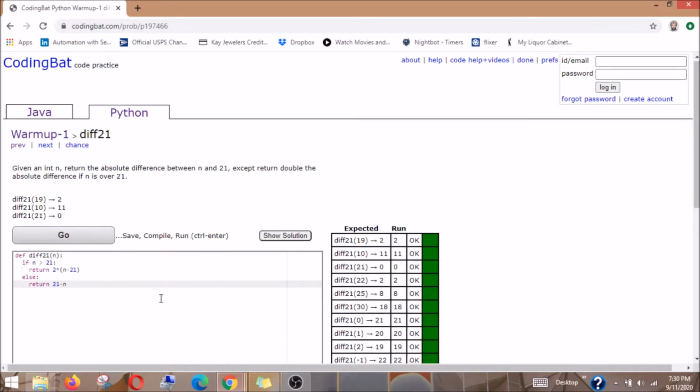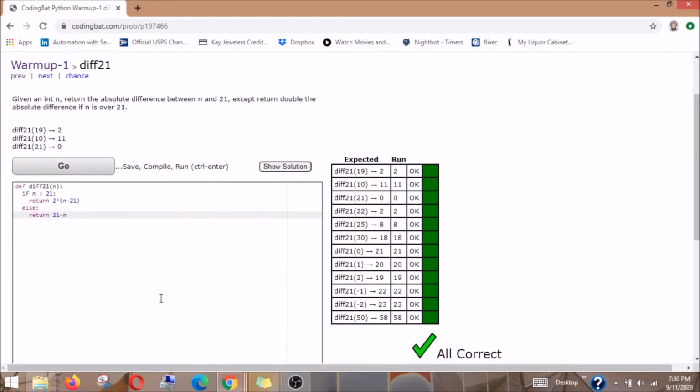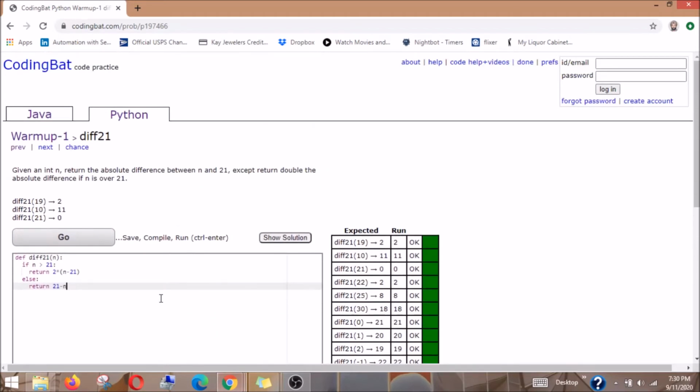Yes, this is basic. That worked pretty smoothly too. If it is less than 21, then we simply put 21 minus n. If it is greater than 21, then we give double the difference, n minus 21. That's how I did it. Okay, let's go to the next question.